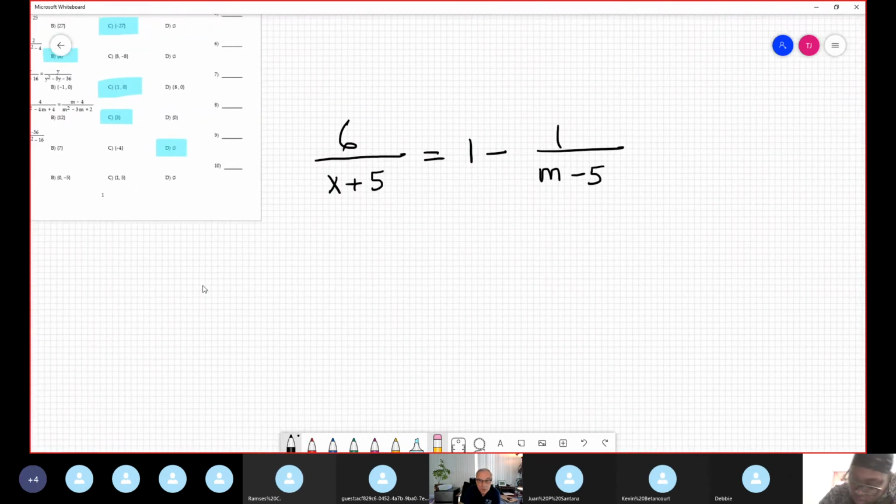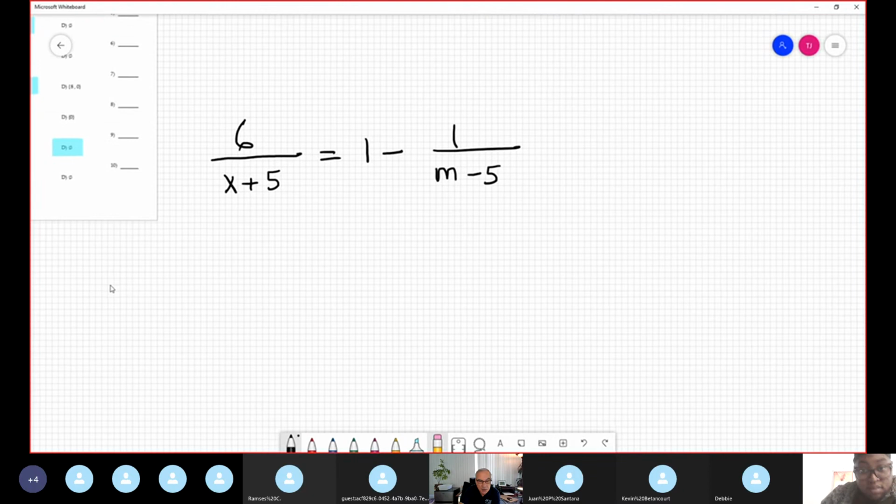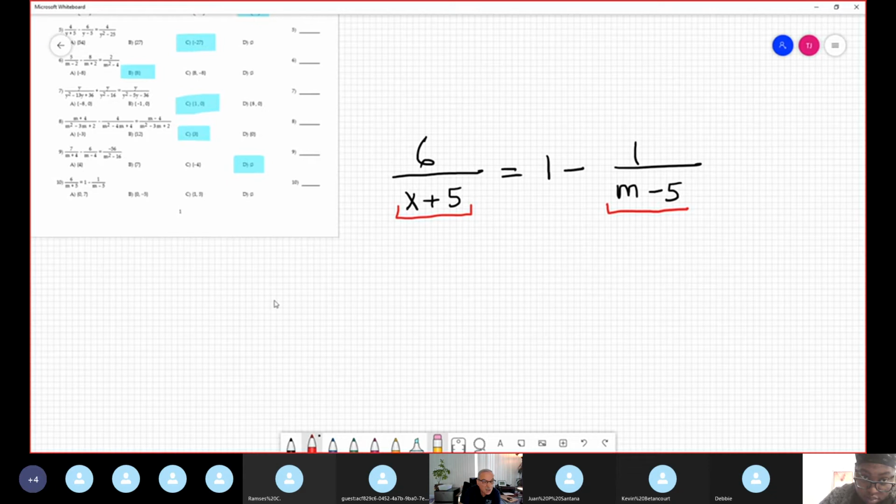Good. Okay, in this case, super easy because this expression we don't need to factorize. This is prime. But is it x or is it m? Wait, I'm crazy. It's m, not x. So I erase this x. Our unknown is m, not x.